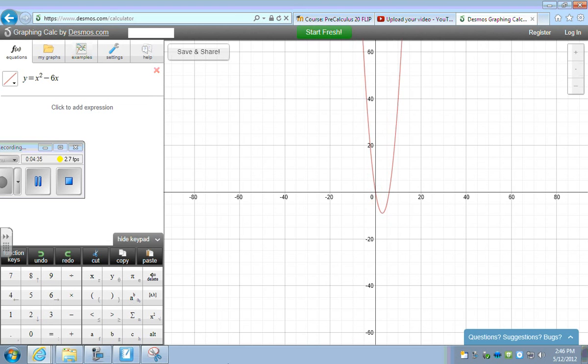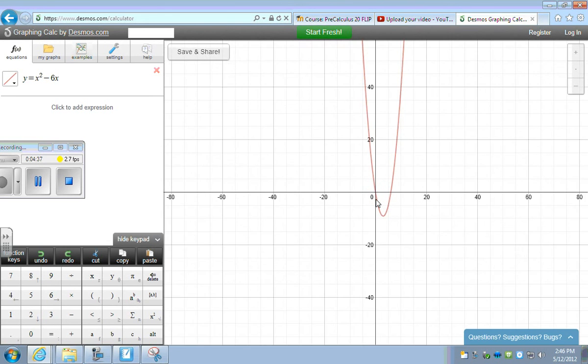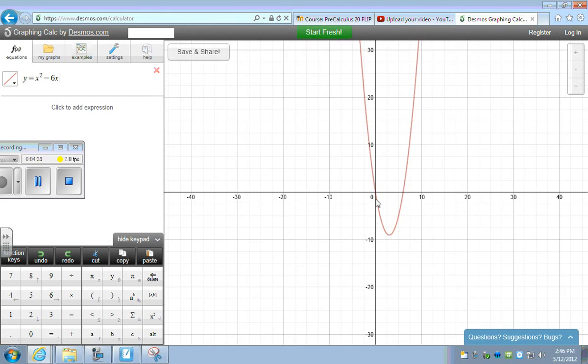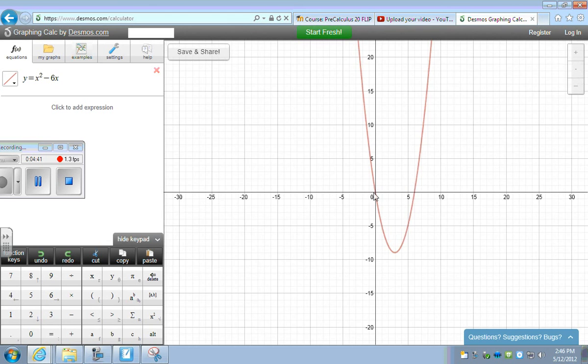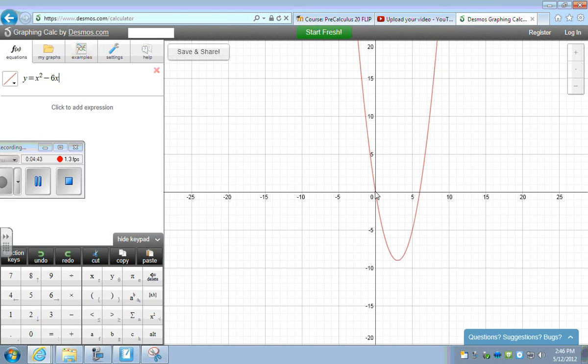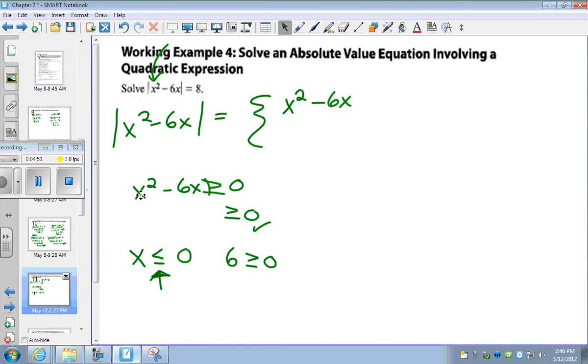Okay, I would graph that. I'd spend a second and zoom in here. And I would see that this graph is always above the x-axis whenever it's less than 0 and whenever it's greater than 6. This is probably an easier way than the way I just showed, quickly putting it into my graphing calculator.